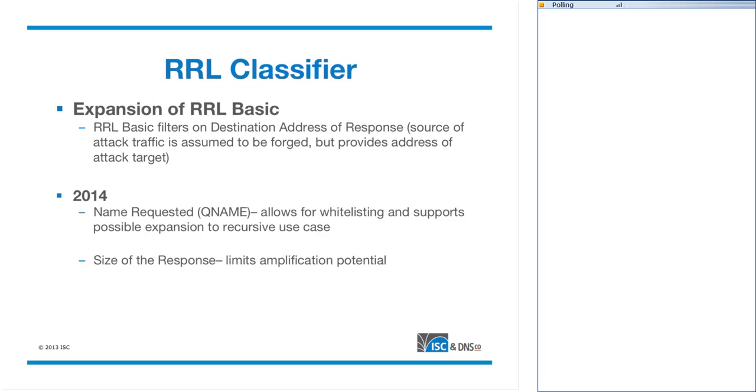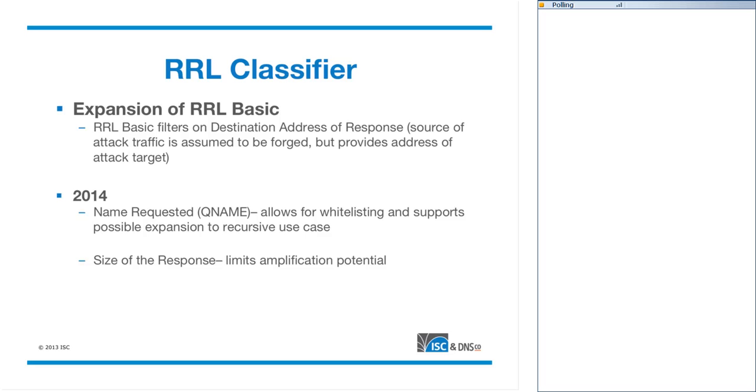So the source of traffic is assumed to be forged in these cases, and is providing the address of whoever the victim is going to be. So the work we're doing in Classifier, this work is in progress, and we expect these to be released or included in releases in 2014.